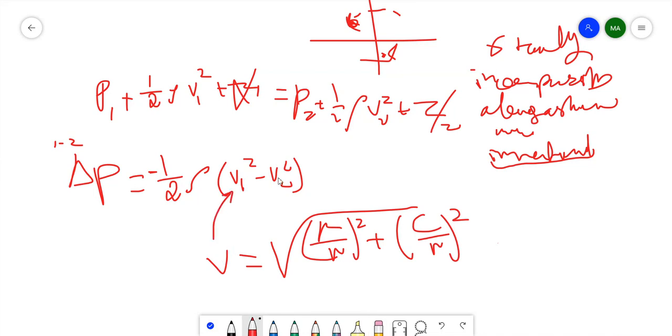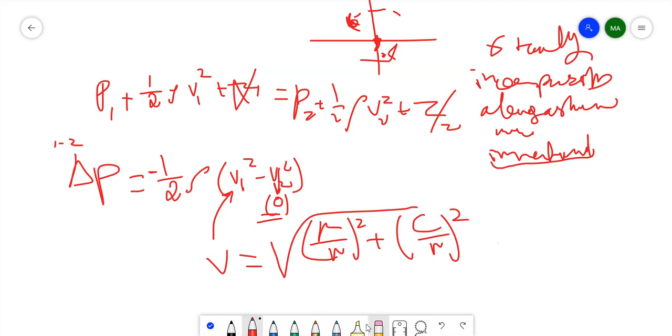Let me just take, for convenience, that V2 is 0, for now. Let's say that it is the velocity here in the center. Or rather, let's say that it is the velocity very far away, not in the center. So it is going to be infinity, and you'll end up with 0 and 0.